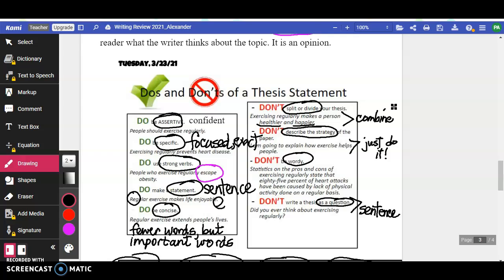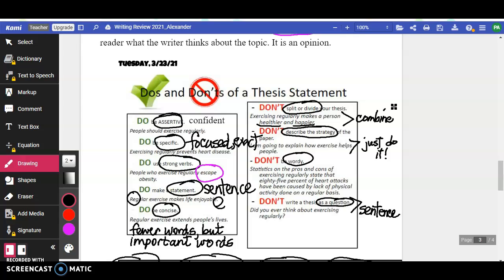That's a pretty simple thesis statement, but it's a good example because it is not written as people maybe should exercise regularly or people probably should exercise regularly. Instead, the writer sounds confident whenever they use the words in the right order and just say people should exercise regularly.